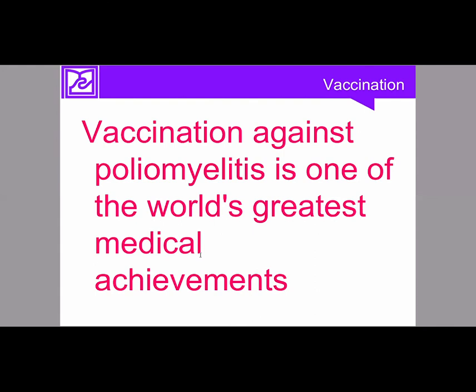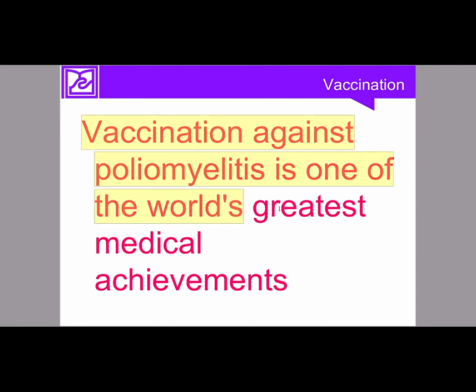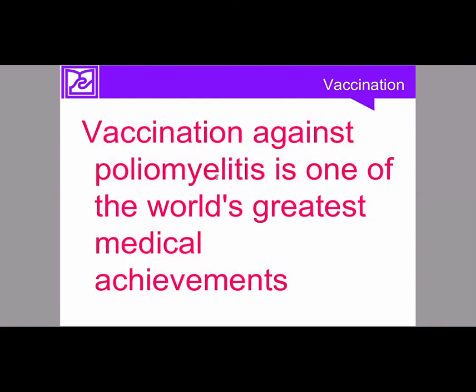So every year when I teach this class, I show this slide with very big letters, because I want that you, young people, understand how important vaccination is. Vaccination against poliomyelitis is one of the world's greatest medical achievements, because poliomyelitis is a terrible disease that makes children paralyzed forever. And the vaccine is extremely cheap, as I will tell you later.